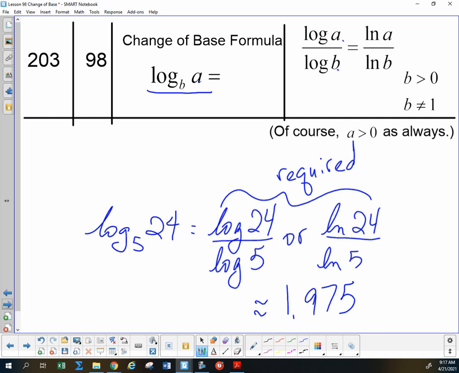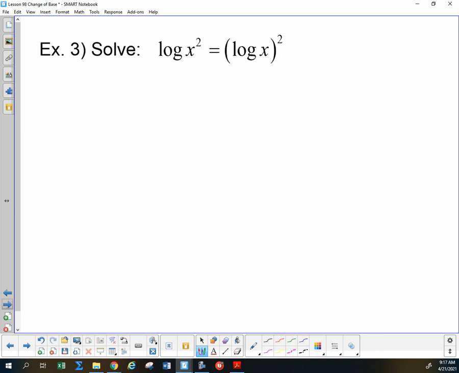Okay, let's do our contrived log problems. And this is log of x times x. This one means the log of x times the log of x. The one on the left does not mean log x times log x.